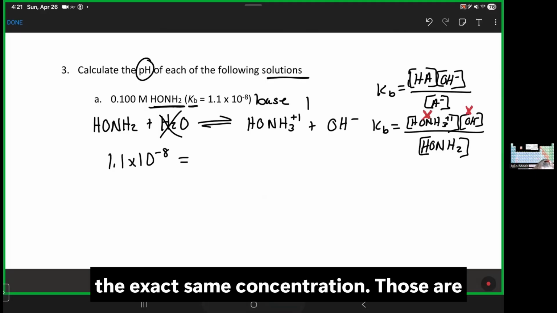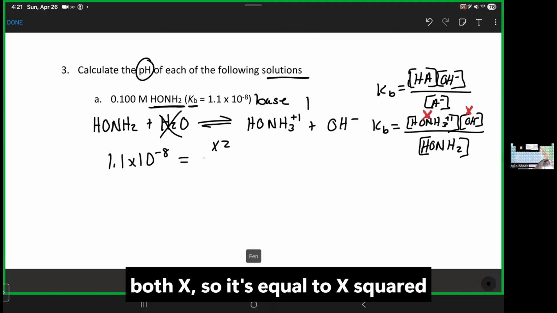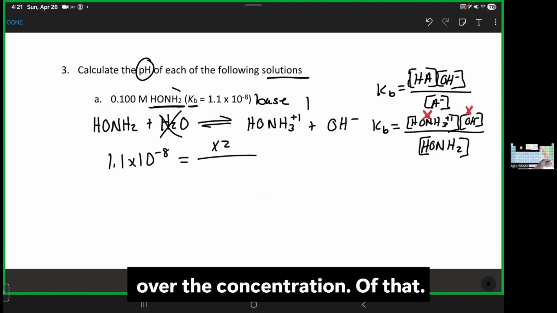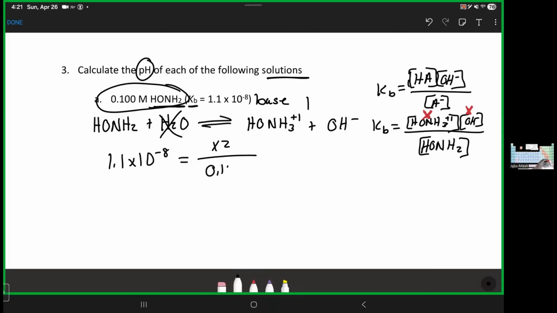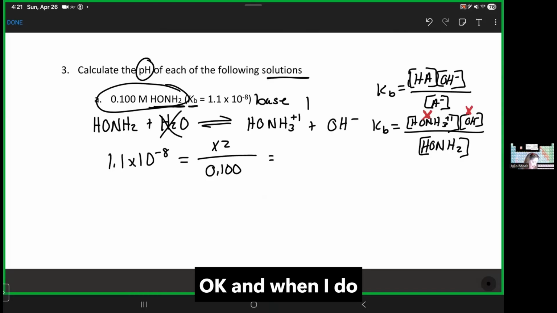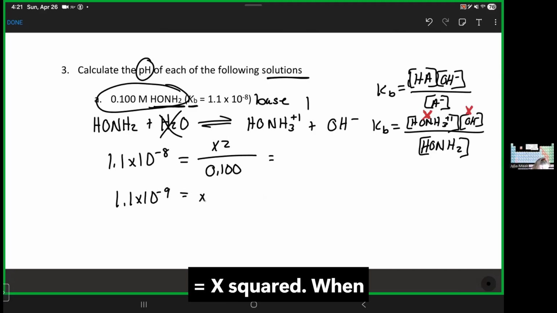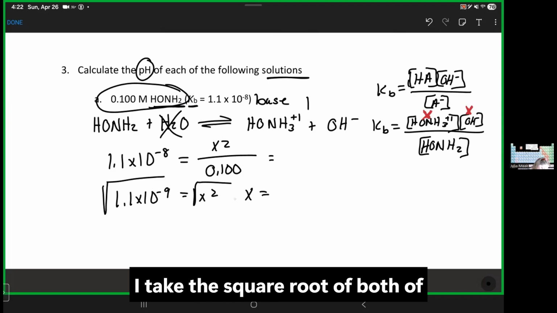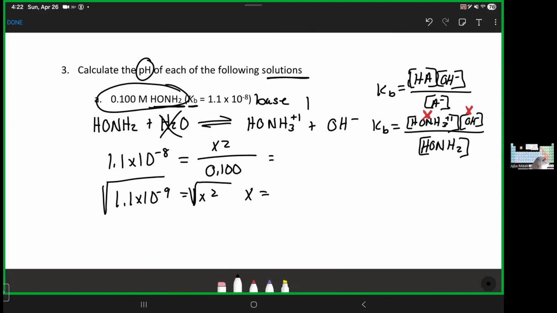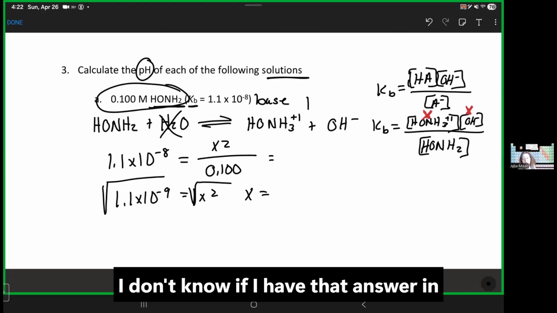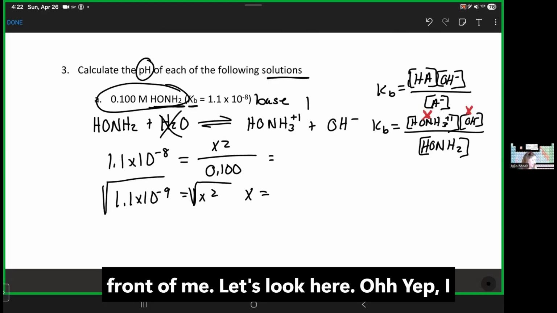Those are both X. So it's equal to X squared over the concentration of that. When I do that math, I get 1.1 times 10 to the negative 9 equals X squared. When I take the square root of both of those, I get, let's look here.